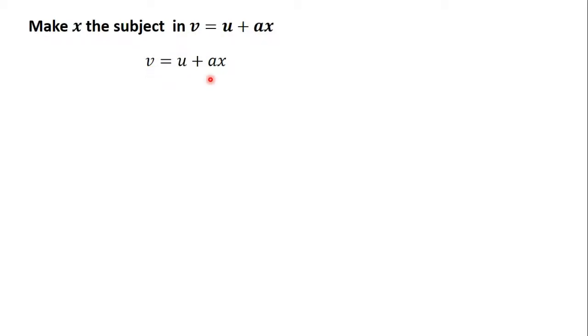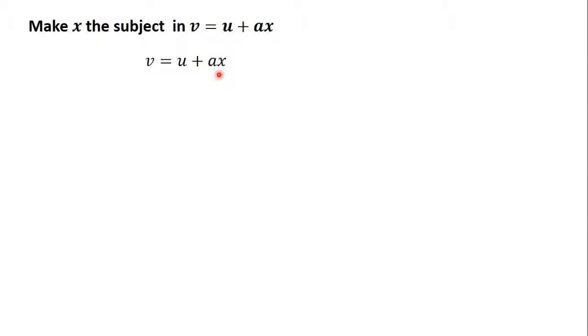So we have to change it in such a way that x becomes the subject. That is our goal. Now what do we do? In the previous video we saw that if you want to change the subject of an equation, make sure that the term containing the new subject, the variable that you want to make the subject, stands alone on one side of the equation.